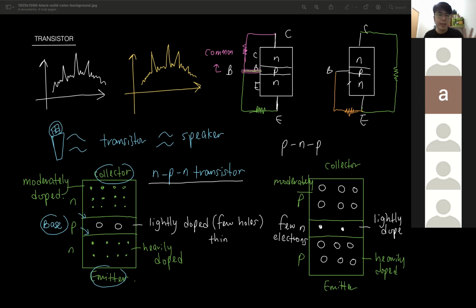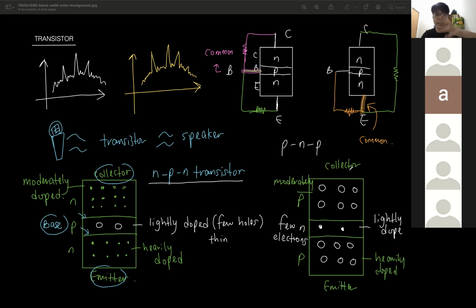So this is a different connection. They are sharing what? They are sharing the emitter. So in this example, the emitter becomes the common. Okay, so this is the base being shared. This is the emitter being shared. So the emitter is common. So there are a few different connections.